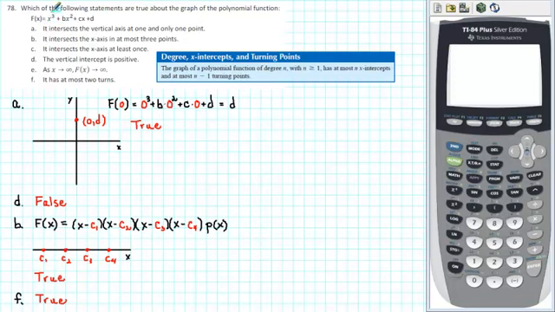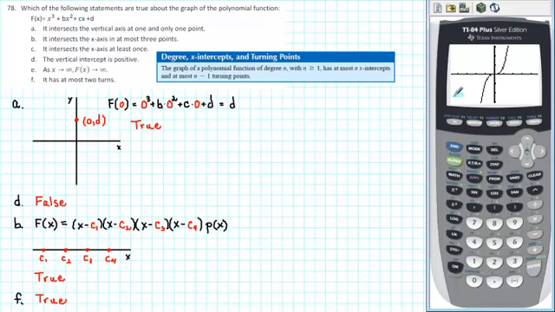So let's recall what the graph of y equals x cubed looks like. We see that the graph of f of x equals x cubed falls to the left and rises to the right. Therefore, the graph of our polynomial function will do exactly the same thing.